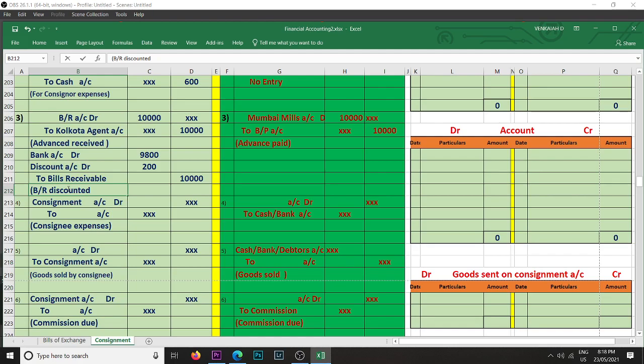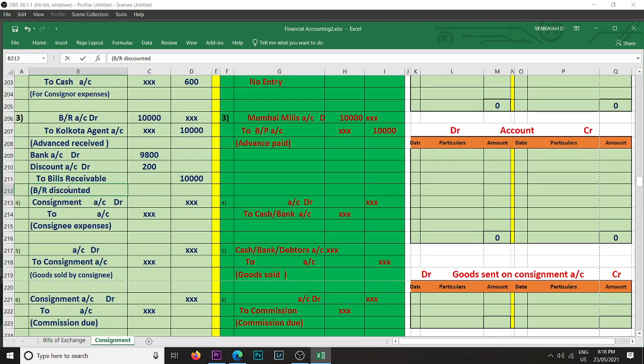And here we have to record in the name of consignor, Mumbai Mills account debit, commission. Okay. So total stock is sold. There is no unsold stock.